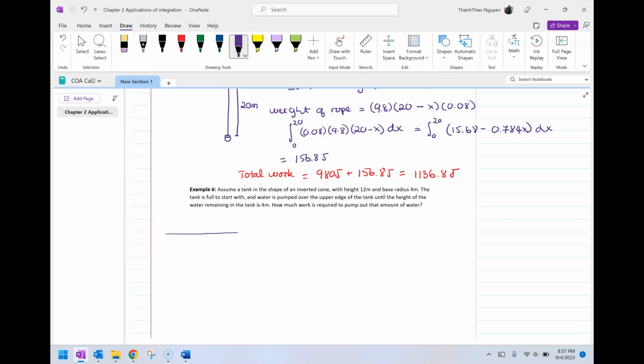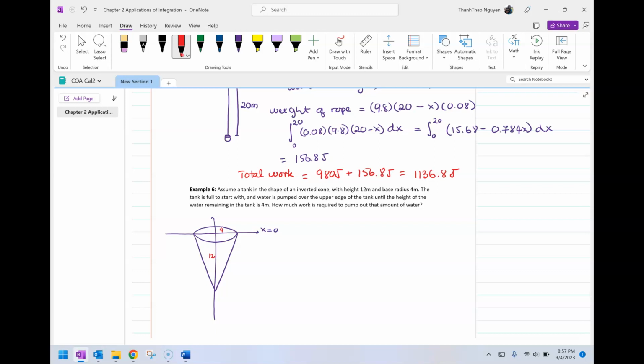Assume we put an inverted cone onto our XY coordinate plane and have the base on the x-axis. So here's x equal to 0, and here we have this cone. The height of this cone is 12 and the radius is 4 meters.